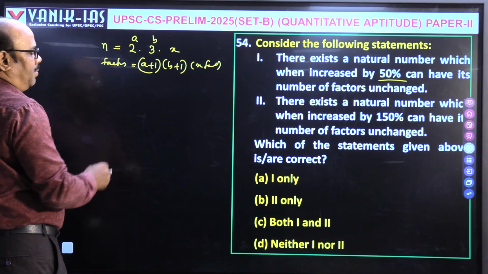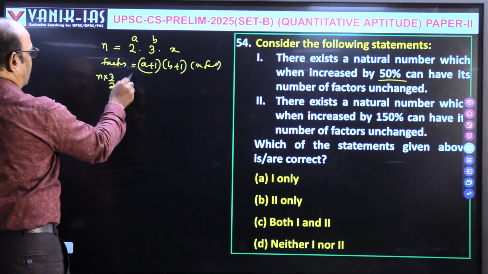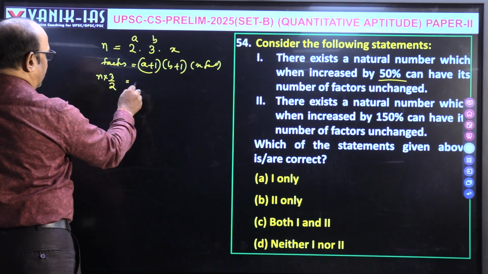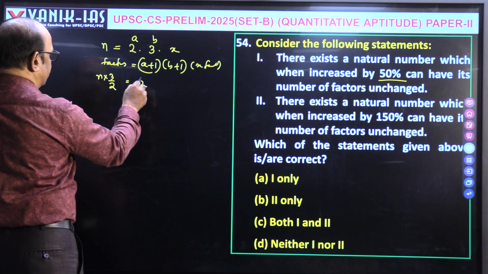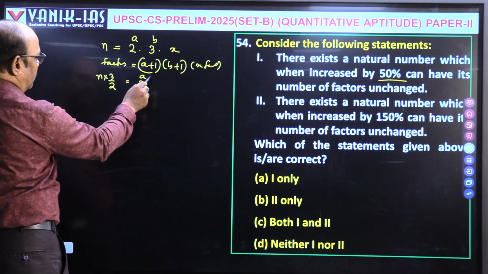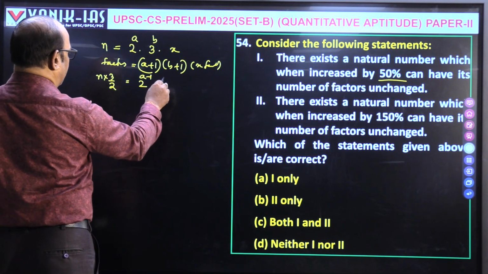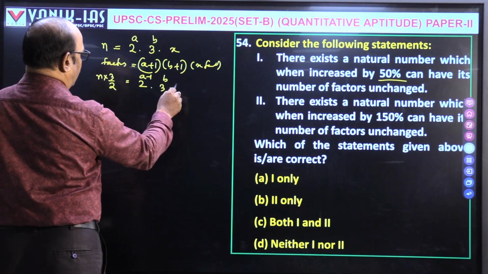If n is increased by 50%, so n into 3 by 2, the number of factors would be again 2 to the power a minus 1, this 2 becomes minus 1, into 3 to the power b plus 1 into x factors.